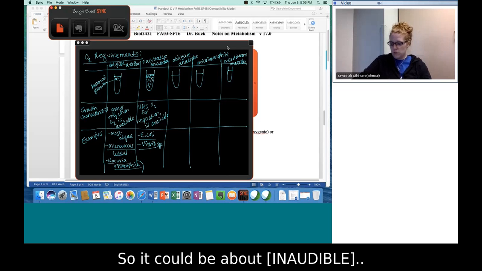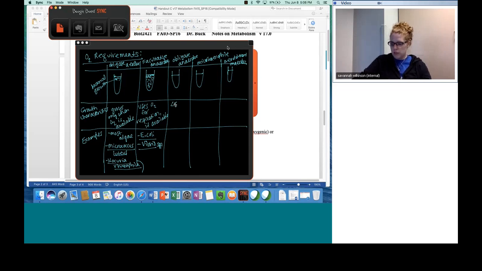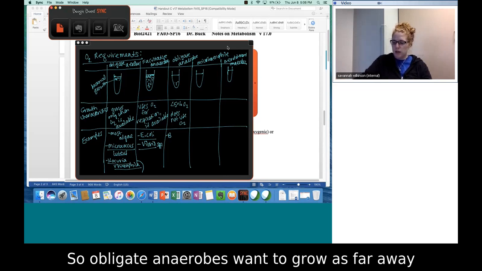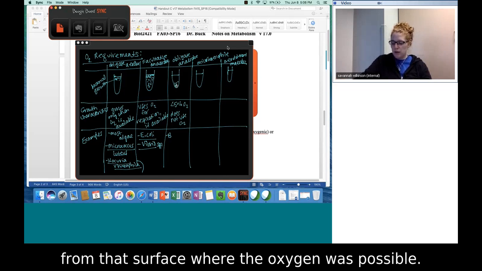So this would be about less than 5% oxygen, if not no oxygen. Example, so the oxygen would be here, near the surface, right? So the obligate anaerobes want to grow as far away from that surface where the oxygen is as possible.